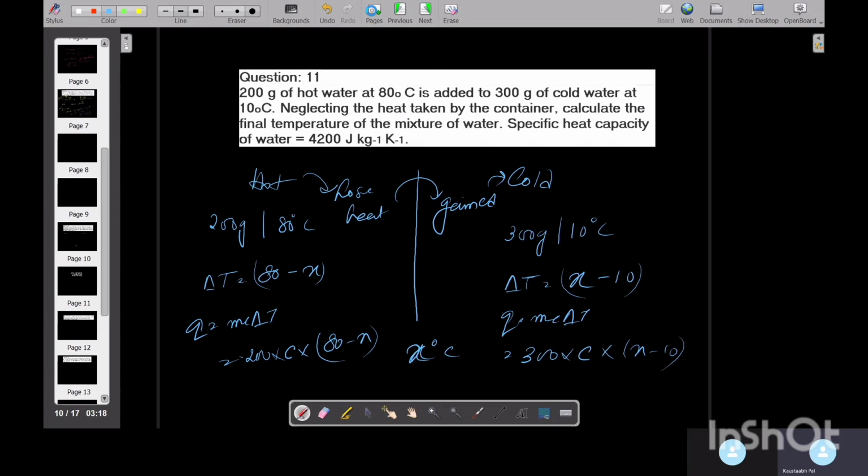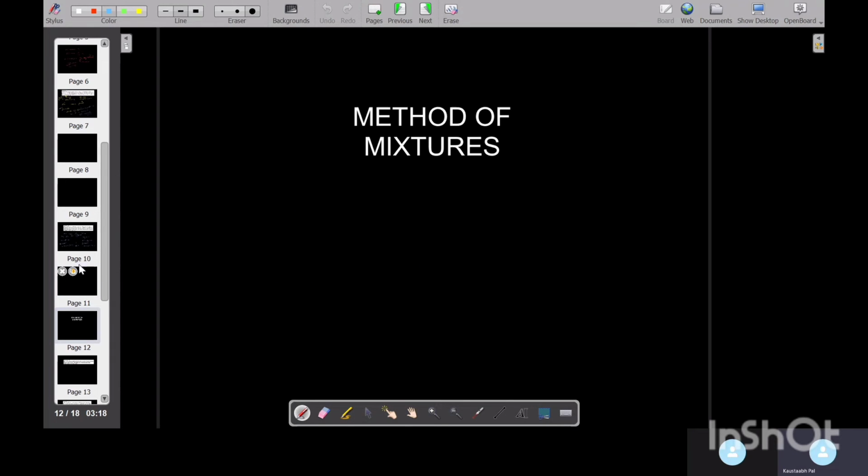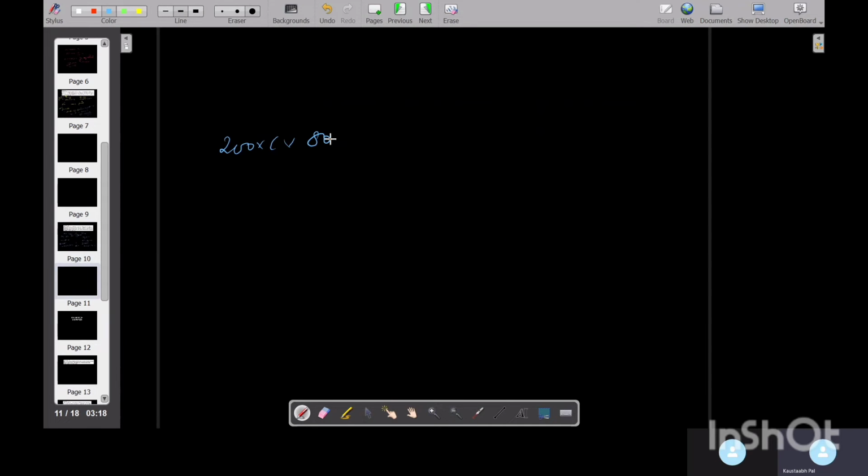Now let us take a new page and settle this. 200 into C into (80 minus X) is equal to 300 into C into (X minus 10). C and C get cancelled, and the zeros get cancelled. So (80 minus X) multiplied by 2 equals 3 multiplied by (X minus 10).